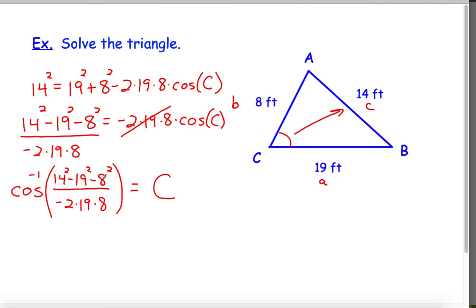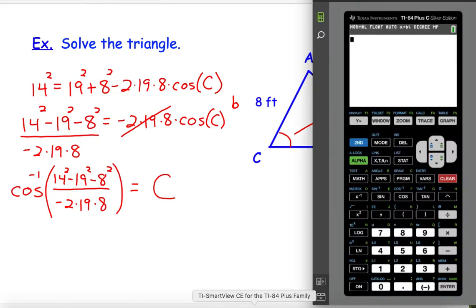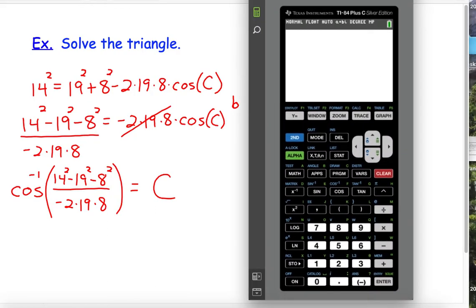So finally, now is when I'll grab the calculator and I'll punch that in. So I'm in degree mode. So second cosine, inverse cosine. Now I'm going to put parentheses for the entire numerator. So 14 squared minus 19 squared minus 8 squared.